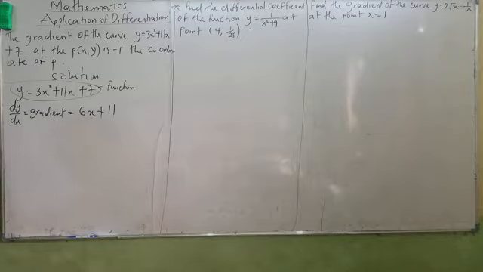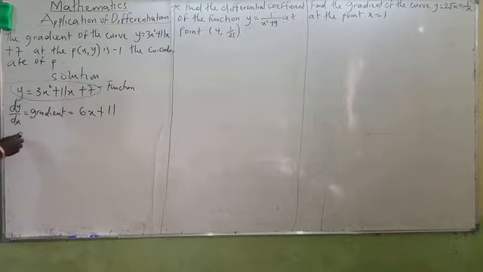You have to find the gradient, this is the gradient. You will now see that at this point, P, this particular point, I want to find the gradient. At this point, I can now say that my gradient is 1.